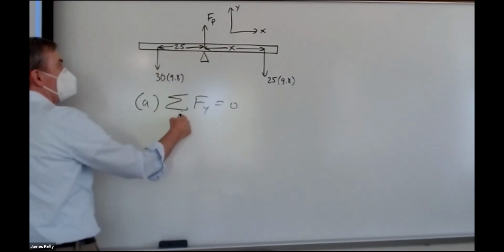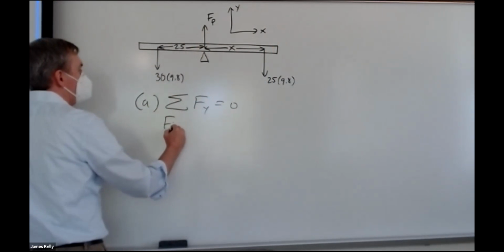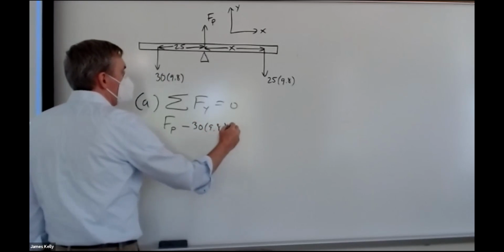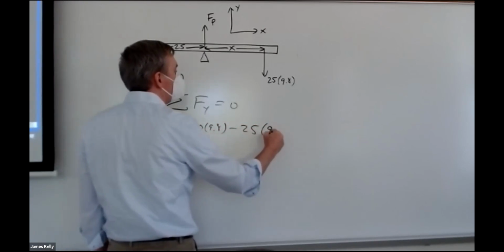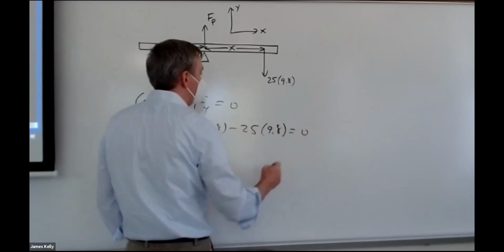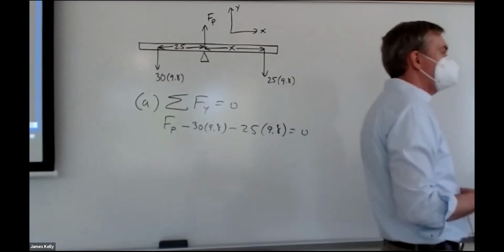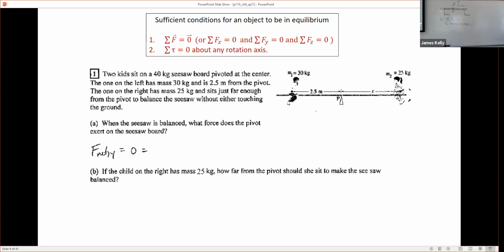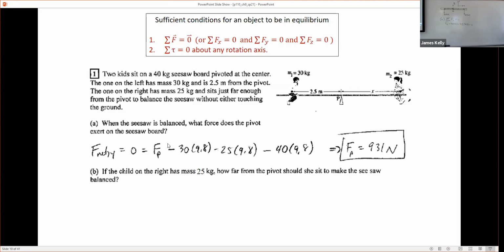So expanding this out, I get FP minus 30 times 9.8 minus 25 times 9.8 equals 0. And that allows me to solve for the pivot force. I don't have my calculator, but we'll see what it is, hopefully here. And you can tell me if you agree with this. There we go.